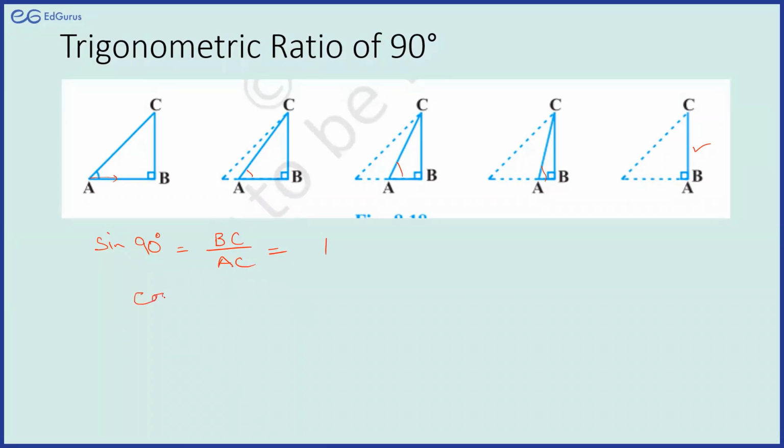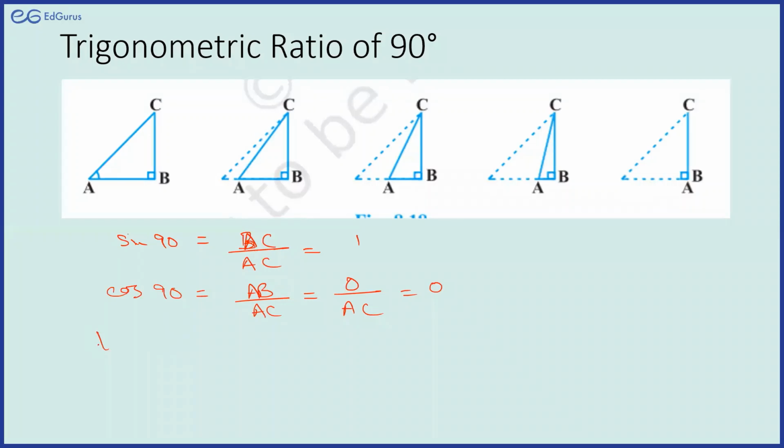Similarly, cos 90 is AB upon AC. Now what is AB? A and B coincide, so AB is 0. So this is 0 upon AC, equal to 0. Tan 90 is equal to sine 90 upon cos 90, so this is 1 upon 0, which is undefined.